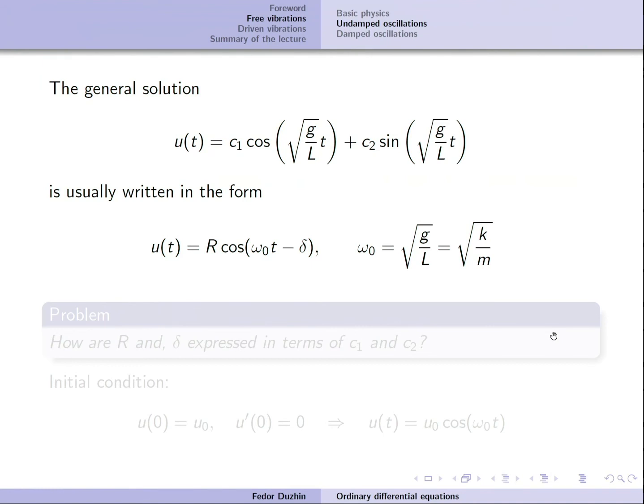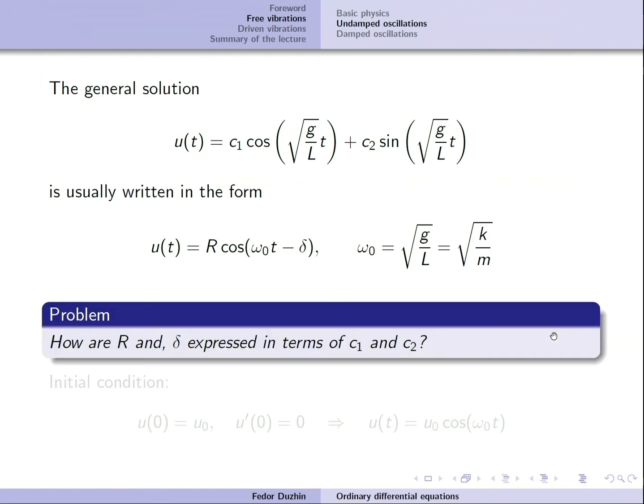A little remark: the general solution, which is a combination of cosine and sine, is very often written in another form. There is a name for this formula, but I just don't know it. You can just Google it, and I suggest that you try to figure out how R, delta, and omega are expressed.